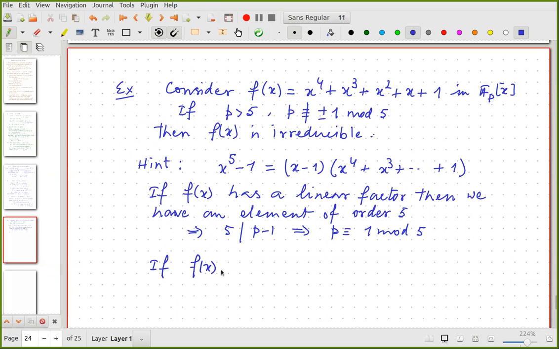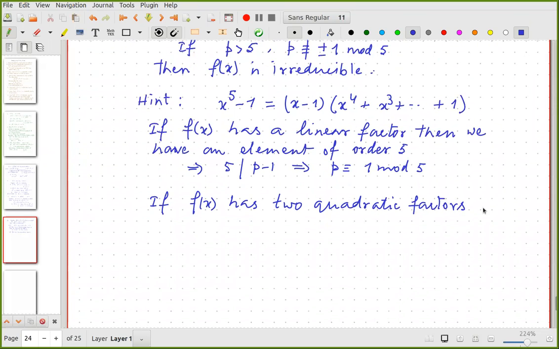So if f(x) has 2 quadratic factors in Fp[x], then it's going to have a root in a quadratic extension of Fp.